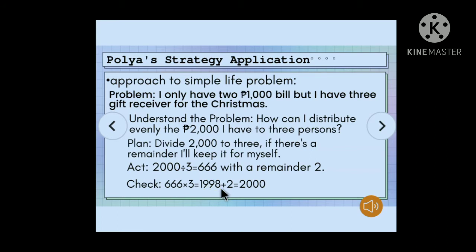And we are going to add that remainder 2, which will give us a result of 2,000 pesos. With the use of Polya's strategy, we successfully distributed evenly the 2,000 pesos to 3 gift receivers for Christmas.